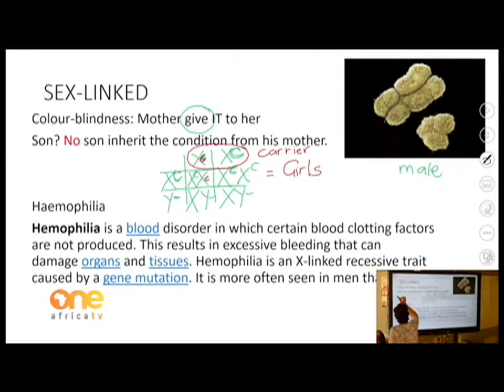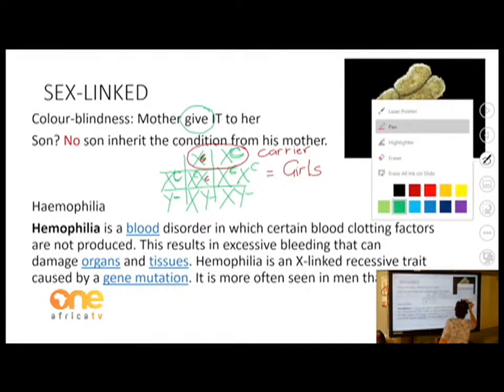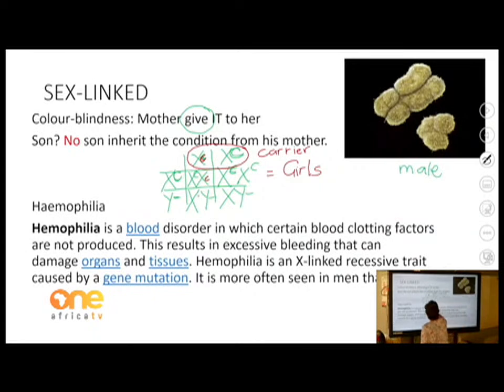There, this child will inherit a small c. And this one, so 50% chance that this mother and this father may have a colorblind son, 50%. That means 1 out of 2, that if this is the mother, she's a carrier.